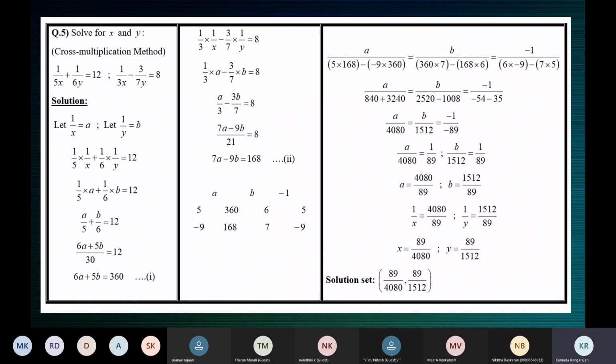See the answer here, children? So A by 5, B by 6 is equal to 12, LCM. Cross multiplying, this is the first equation.